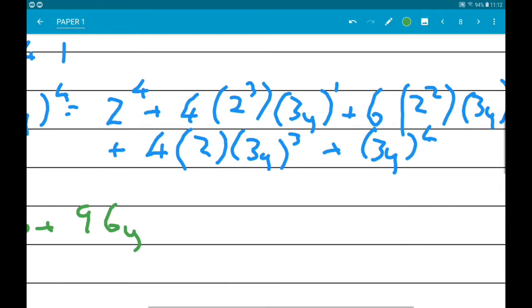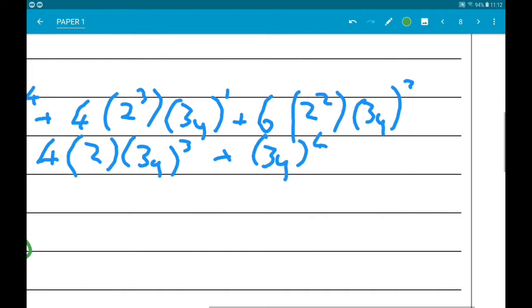Next term, we have 6 times 2 squared times 3y all squared. So that's 6 times 4, which is 24, times 9y squared. So that's 216y squared.